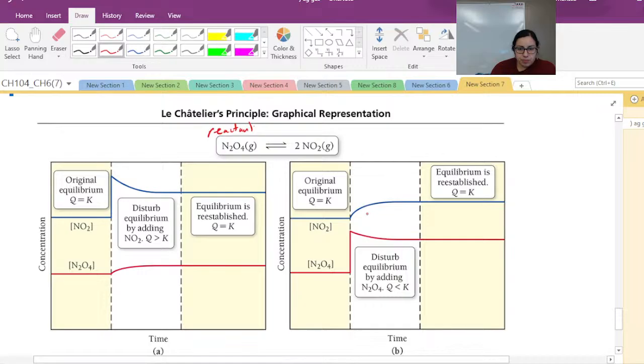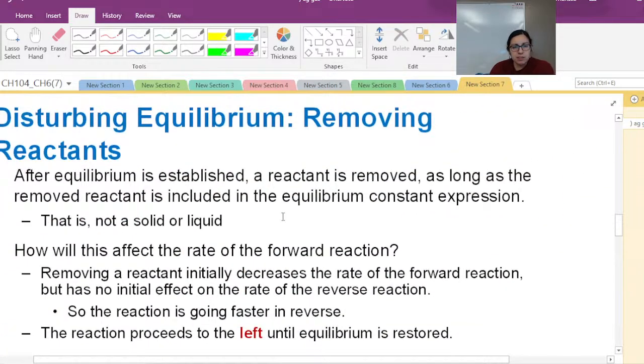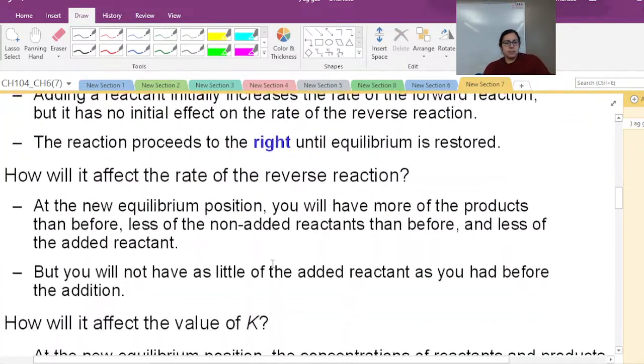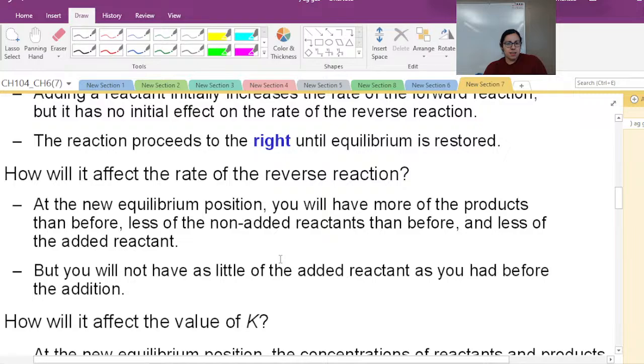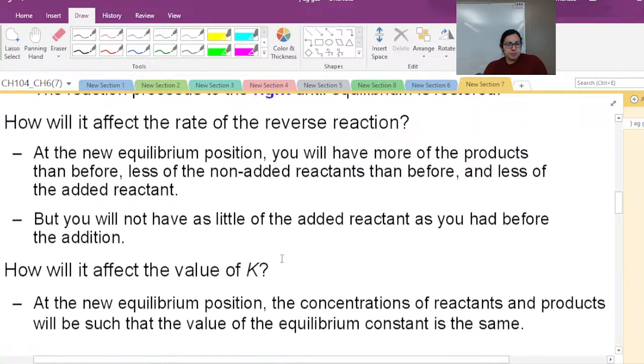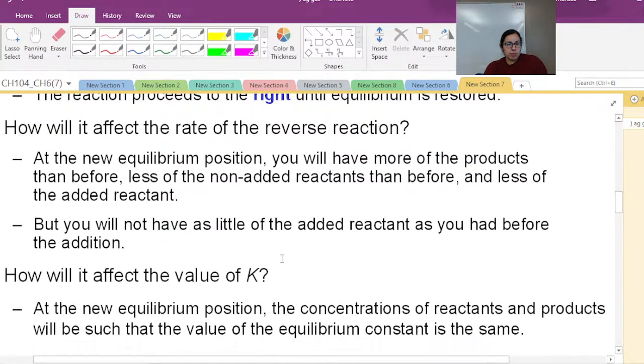And then the next thing it mentions is what happens to all our values. How does it affect it? At our new equilibrium position, now we have more products, because we added more reactants, so it's going to make more products.